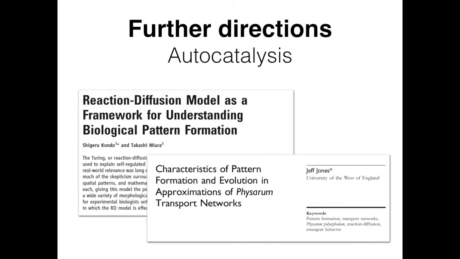And finally, just more generally, the models we've explored in this unit share principles with a classic sort of model in the physical and biological sciences, those of autocatalytic processes. Many of these models consider substances that are characterized by what's sometimes called local activation and long-range inhibition.